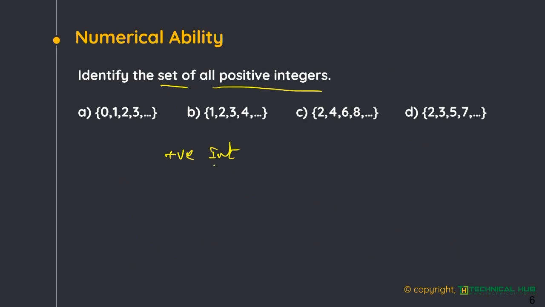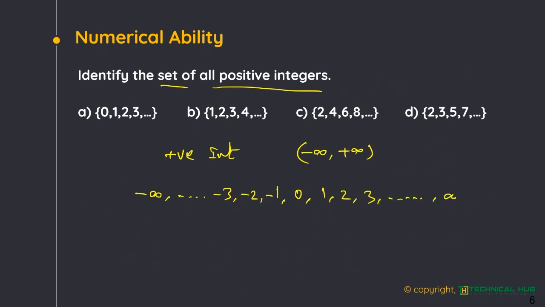Integers means the range from minus infinity to plus infinity, right? The range goes from minus infinity to minus 3, minus 2, minus 1. After that, 0. After that, 1, 2, 3, and so on up to plus infinity.